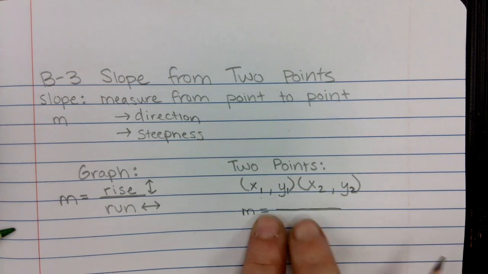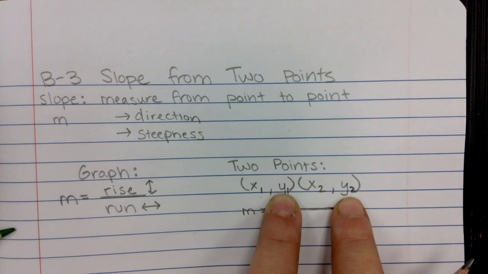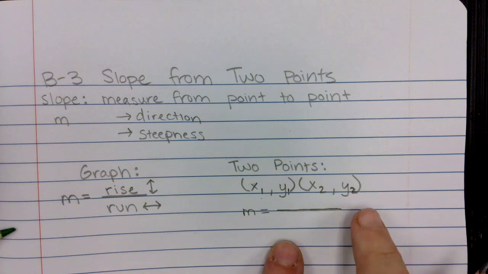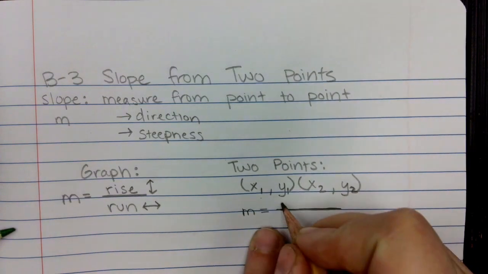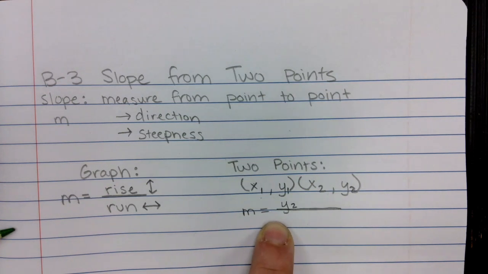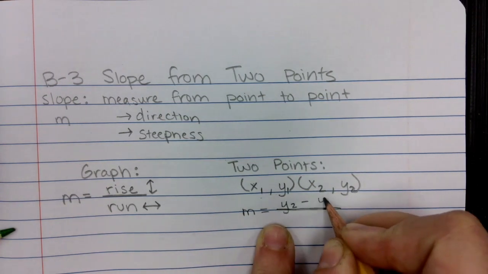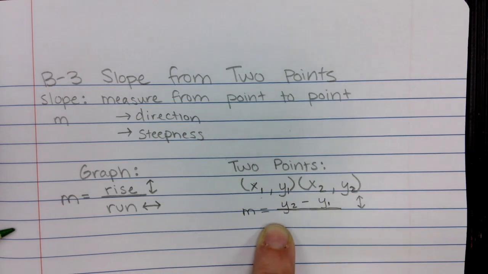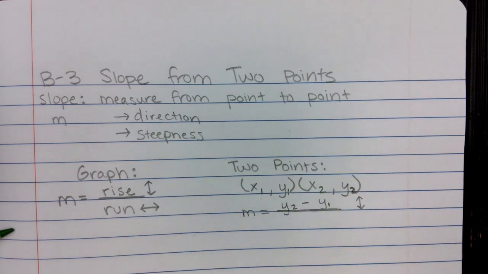So we're going to do Y2 minus Y1, because the Y's go up and down. It's still our rise. For our run, to go left and right, which numbers go left and right? X's. So we're going to do X2 minus X1.